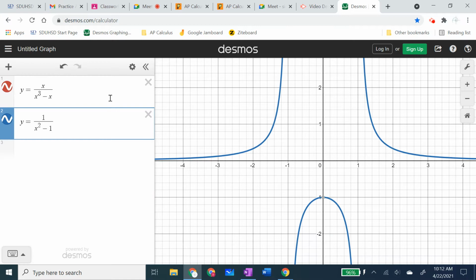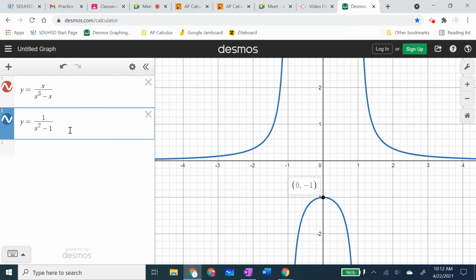The only difference is that this function, if I look at the red one, at 0, there it is. 0 is undefined for the red graph because we cannot have a divide by 0. For the blue graph, 0 is defined. That is literally the only difference between these two.